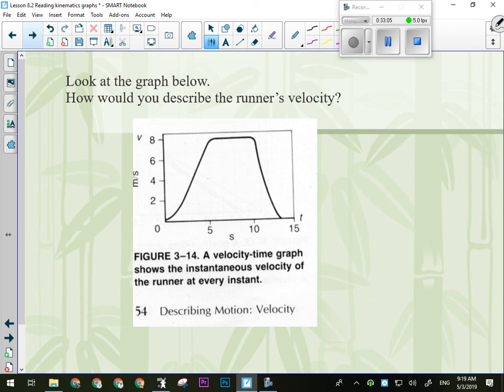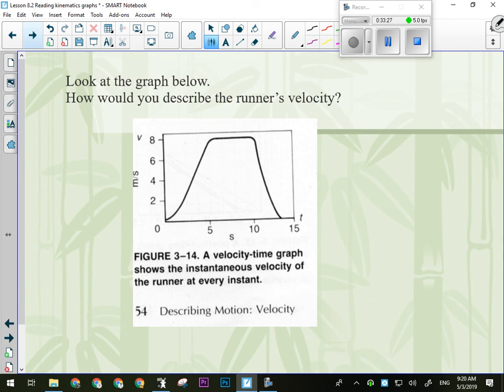And then, what do they do? Not just slow down, they actually, well, no, they don't go backwards. This is a velocity time graph. The velocity is never negative. They stop, right? Doesn't their velocity become 0? So this is slowing down to a stop.